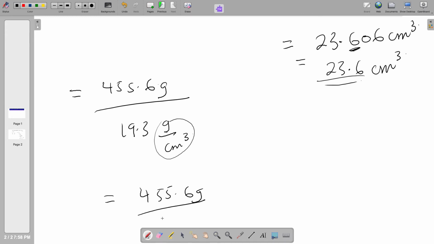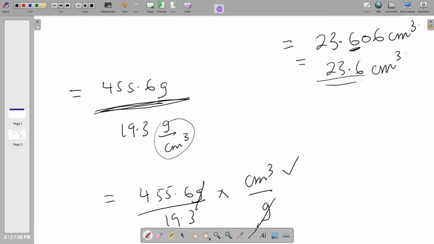So we'll have 455.6 grams over 19.3 times cubic centimeters over 1 gram. So grams will still cancel grams, and you just have cubic centimeters left. You have 2 units in your density, grams divided by cubic centimeters, and you still have the big division line, so the cubic centimeters will move up.